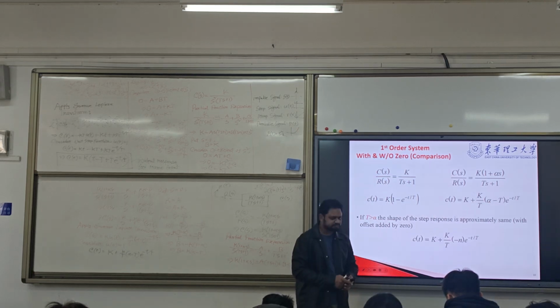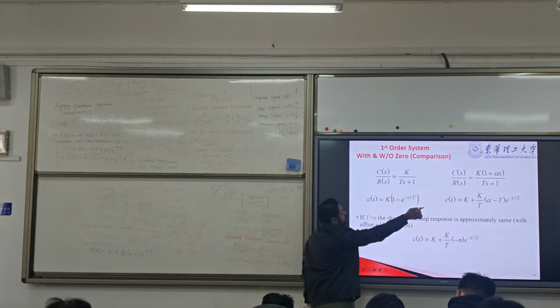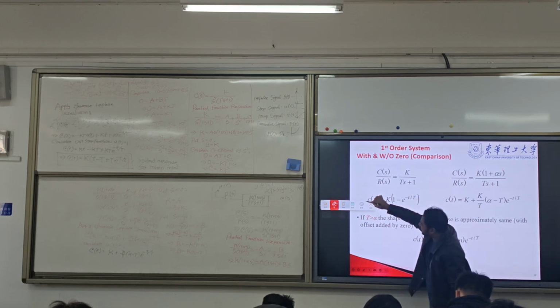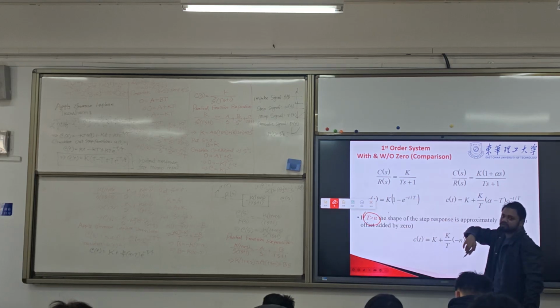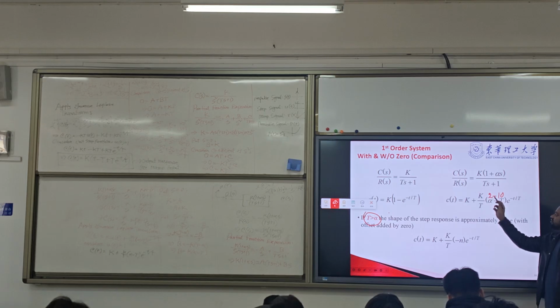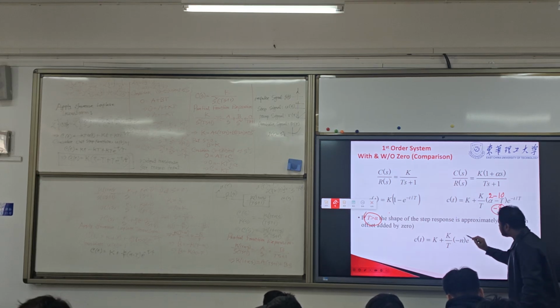Now, if we are considering this T value is greater than alpha, like suppose I can write 2 minus 10. Alpha is 2, T is 10. So if T value is greater, what will happen? You have a value of minus 8.